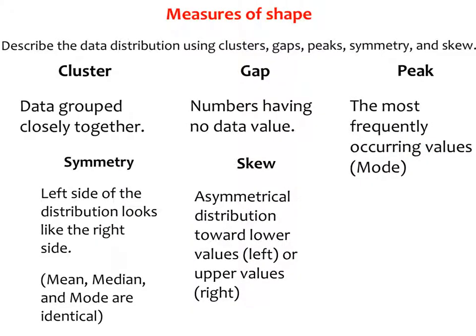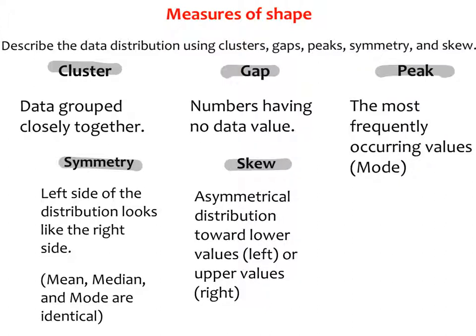Let's go ahead and wrap up this lesson. In this lesson, we talked about how once we've graphed data, we can then describe the shape of its distribution across that graph. These are the 5 terms primarily used to do that describing: cluster, gap, peak, symmetry, skew.